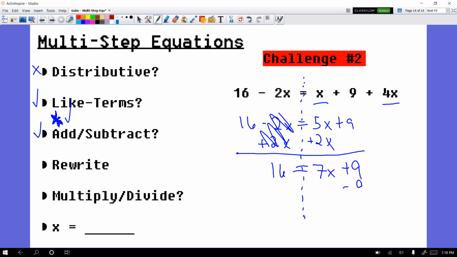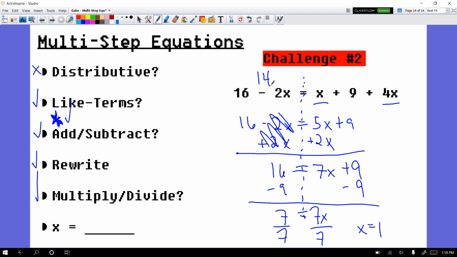Yes. We're going to subtract that 9. 7 equals 7x. Rewrote it. Multiply and divide. Yep, I'm going to divide by 7. X equals 1. 16 minus 2 times 1, so 16 minus 2 is 14. 1 plus 9 is 10, plus 4 is 14.